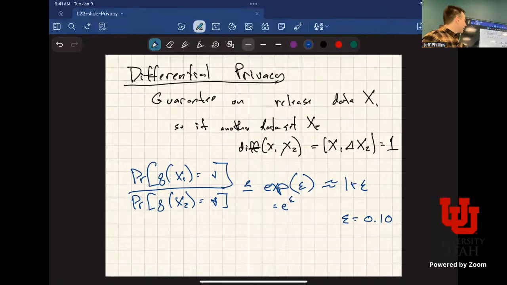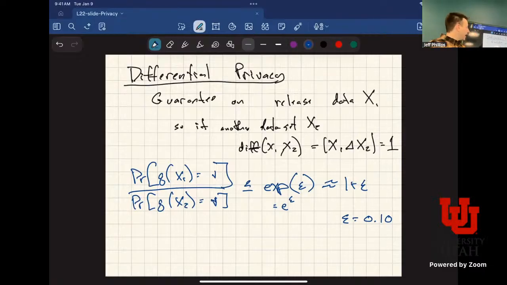The idea is I have released some data set x1 in some way with some randomness. I've added random noise into data set x1, and then I make a query and get a value v. So I ask a question: how many people had cancer? What's the probability this person has cancer? It gives me a value.